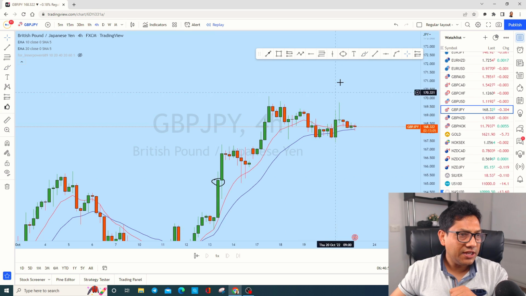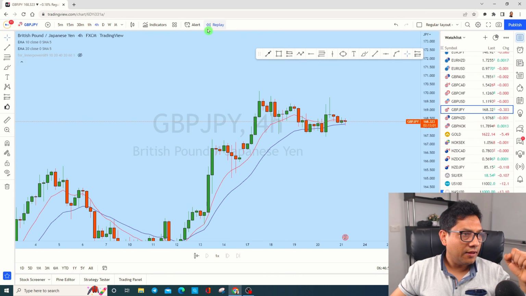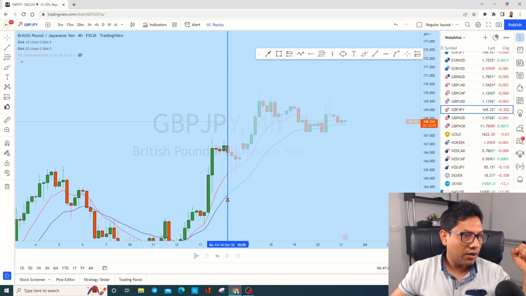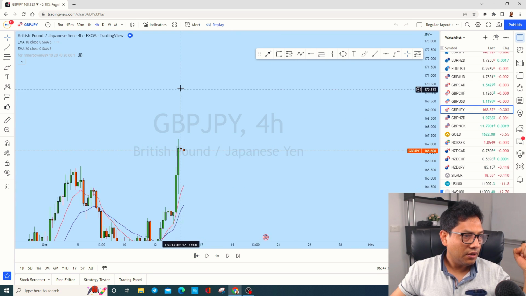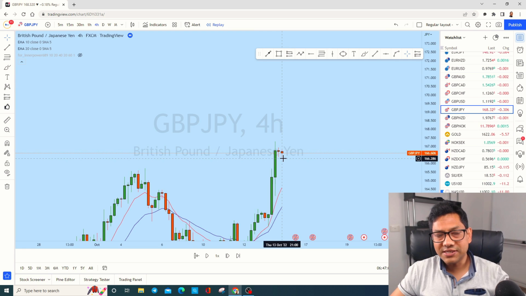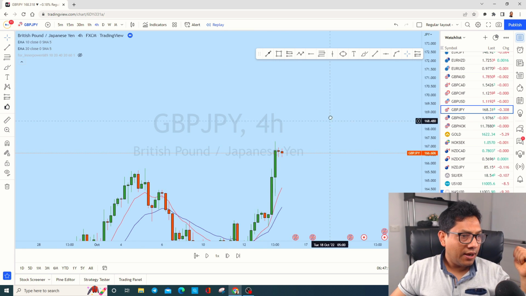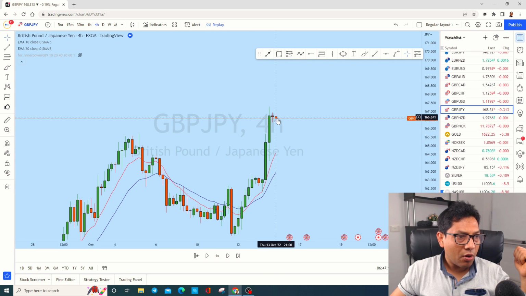But if you see that the market, let's say, created these two narrow candles, what you can say is that this market is in a pullback. So let's say a big impulse happened, now a pullback.